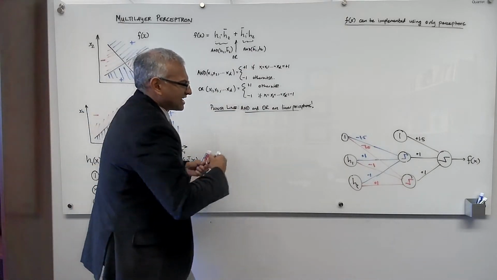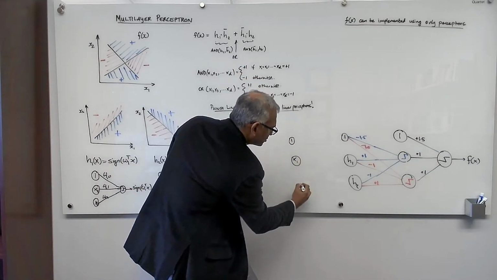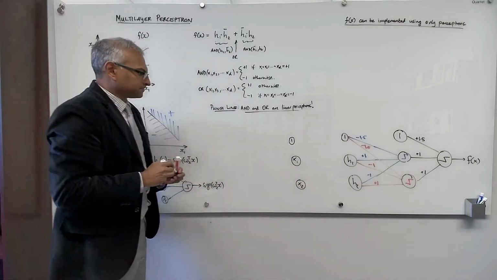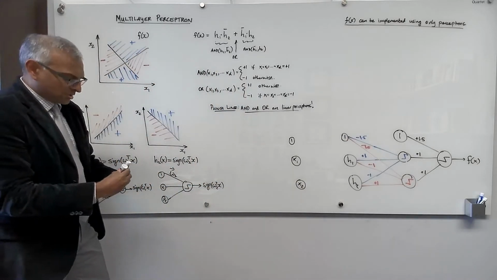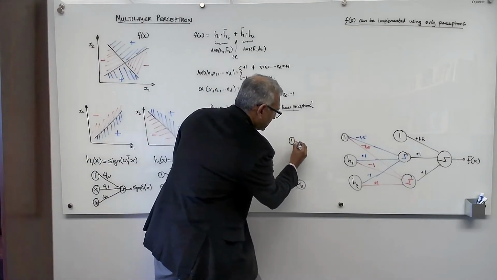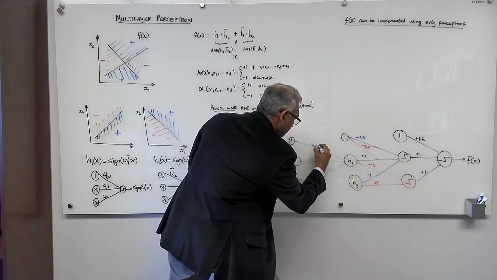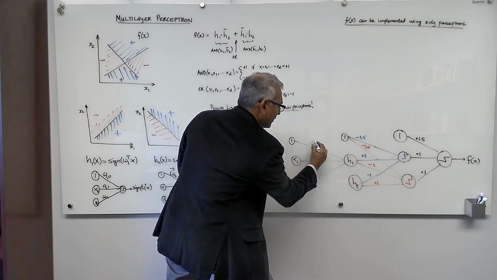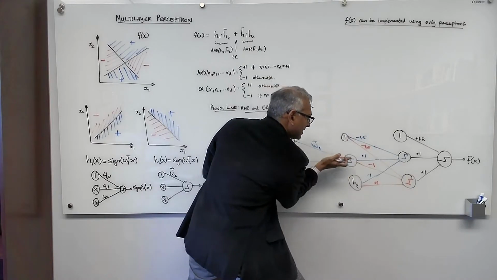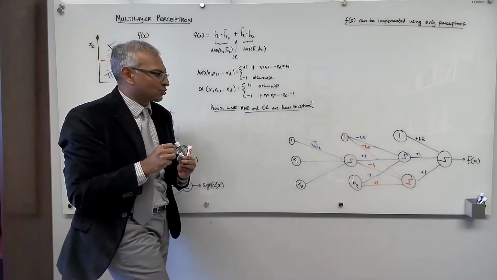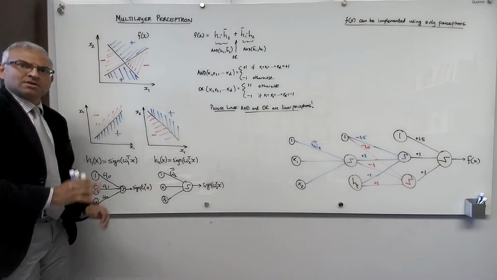So here is how. 1, x1, x2. H1 is a perceptron given by the weights W1. You just put W1 for my weights here. Then take the sign, and what's coming out of that node is exactly H1, because by construction, H1 is a perceptron.